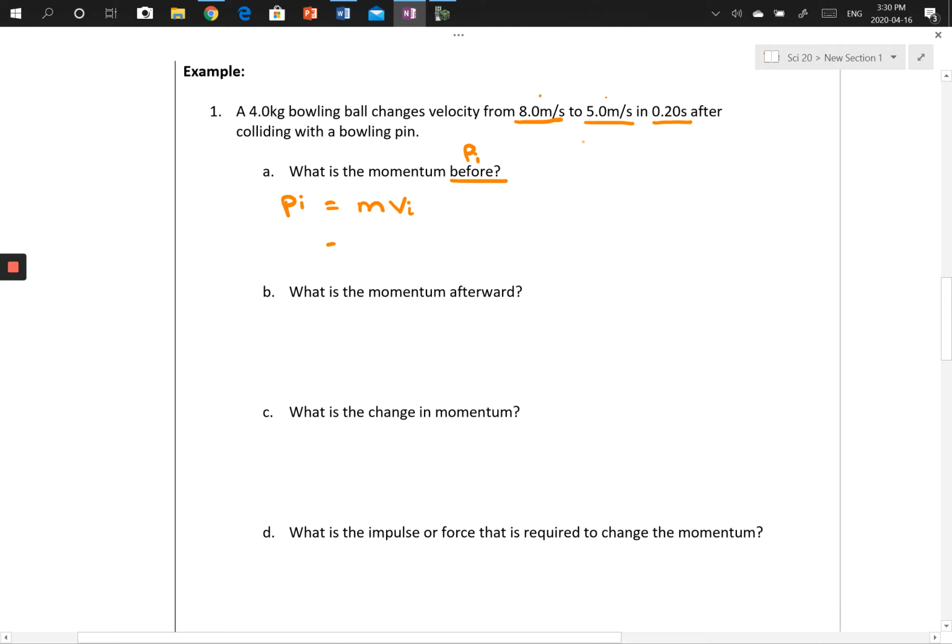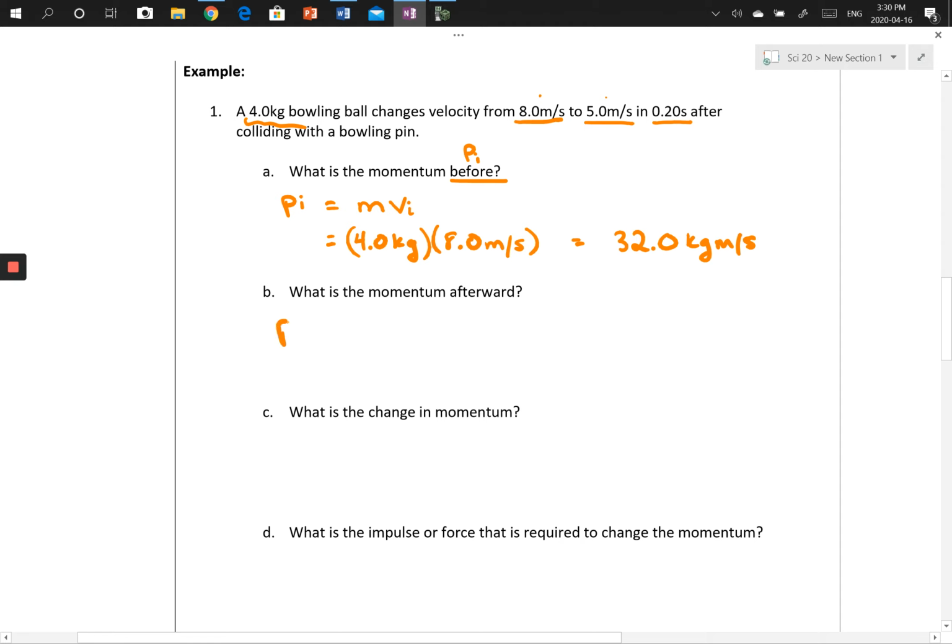So that's my 4 kilogram bowling ball, multiplied by my initial velocity, 8.0 meters per second. So 4 times 8 gives me 32 kilogram meters per second.